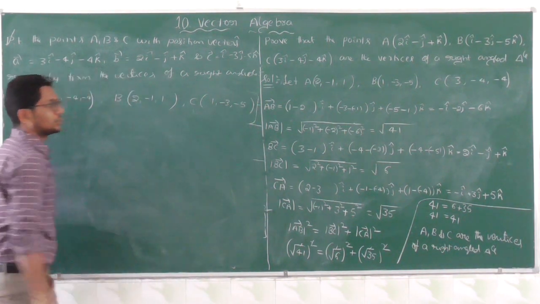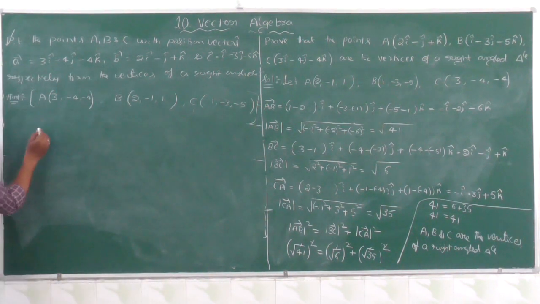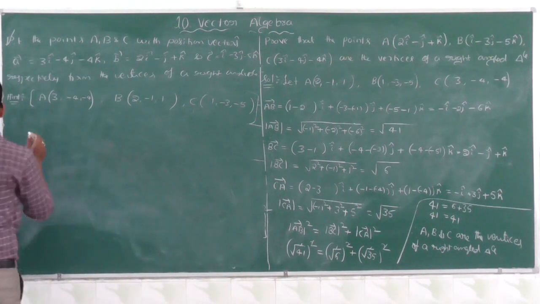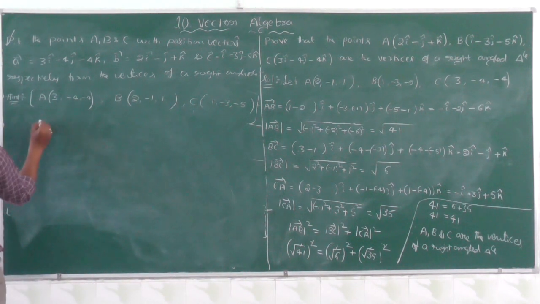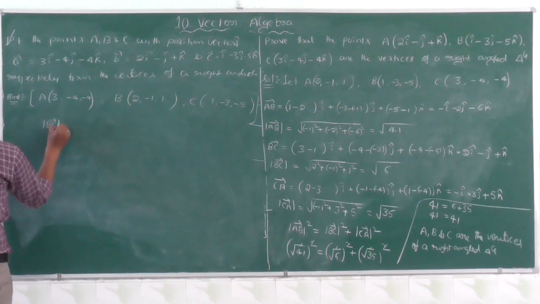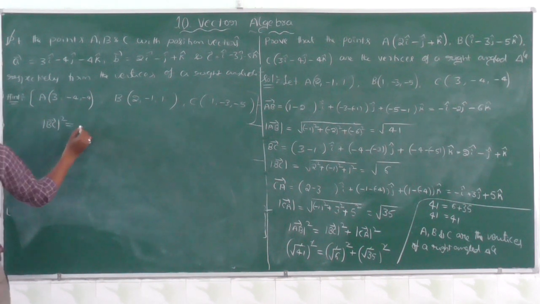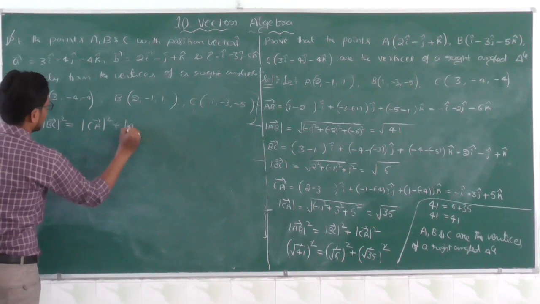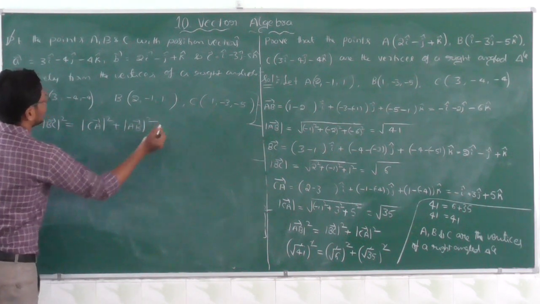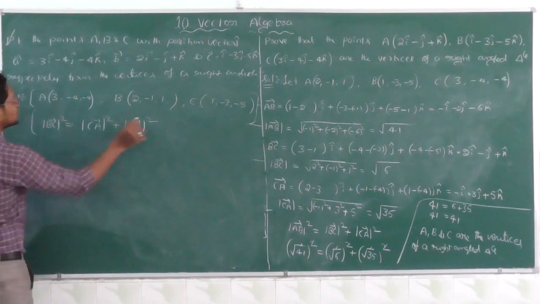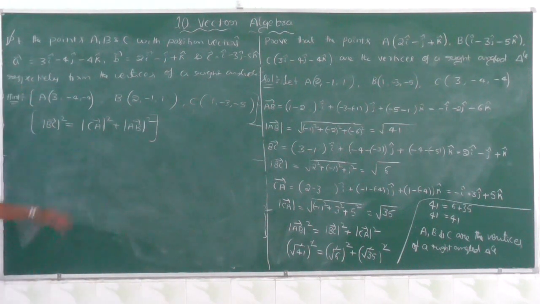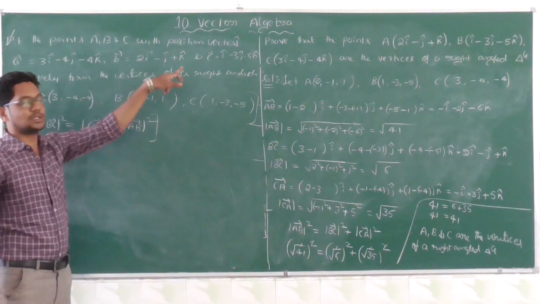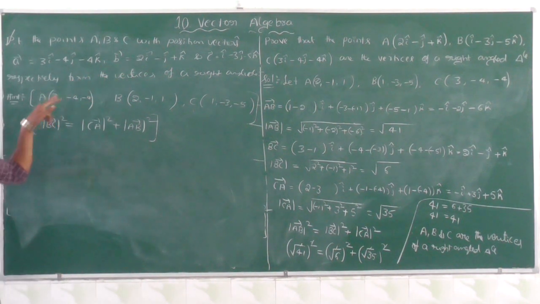Okay. Next after that, in this problem, magnitude of BC square equals magnitude of CA square plus magnitude of AB square will be equal. You just verify this condition. Here the position vectors A vector, B vector, C vector are given.